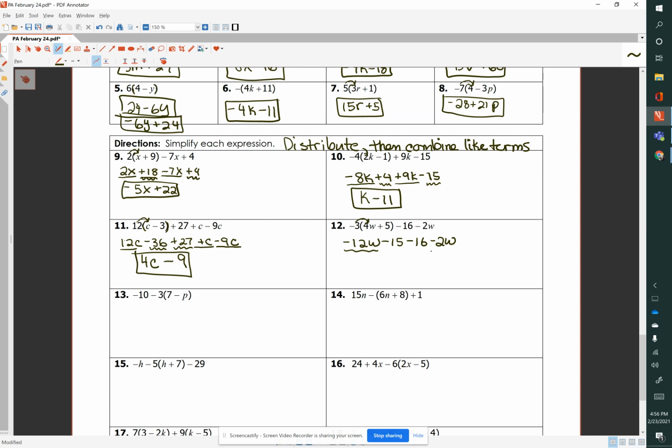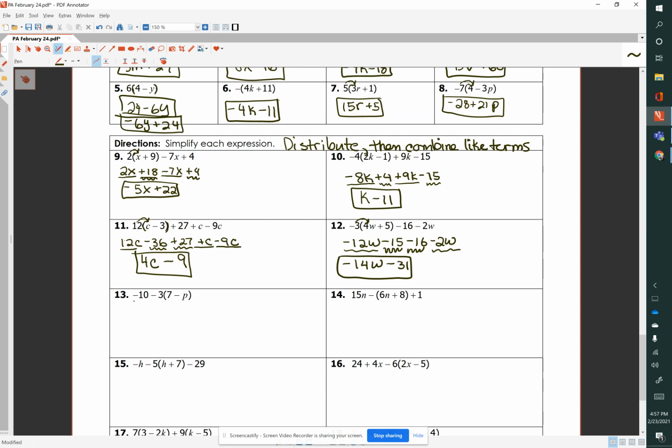So let's combine negative 12w and negative 2w equals negative 14w. And negative 15 minus 16 is negative 31. So our final answer, negative 14w minus 31.